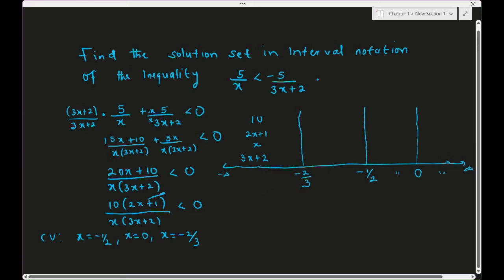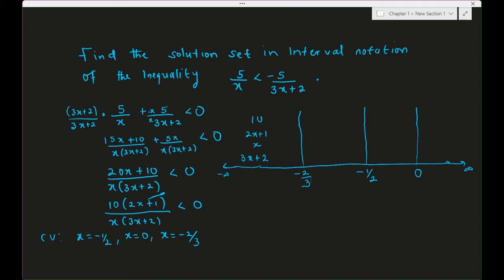So we want to see the sign of this function in these four intervals. First, between minus infinity and minus 2 over 3. Since 10 is always positive, let's put positive everywhere. We can try a number like minus 4 in this interval.